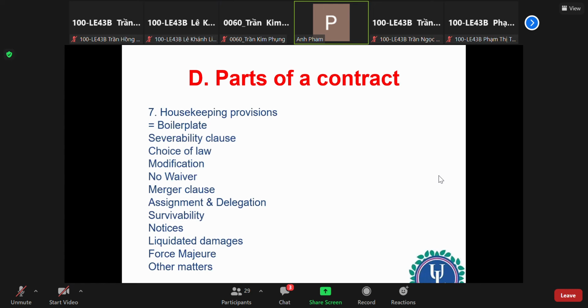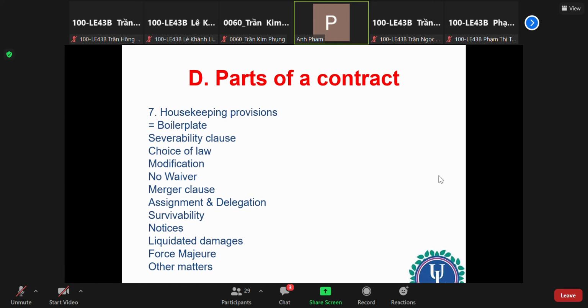But a no waiver clause means that they agree on the fact that in case the lender waives the repayment of 500 million, right? It doesn't mean that the lender waives every obligation in the contract.